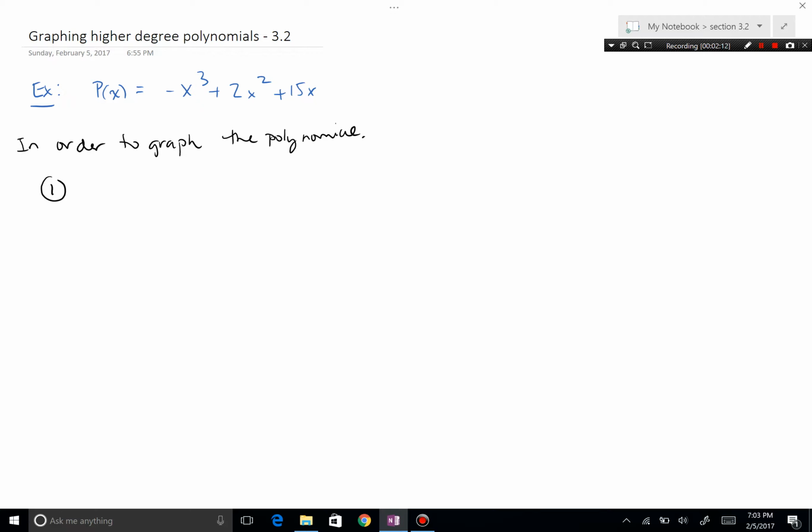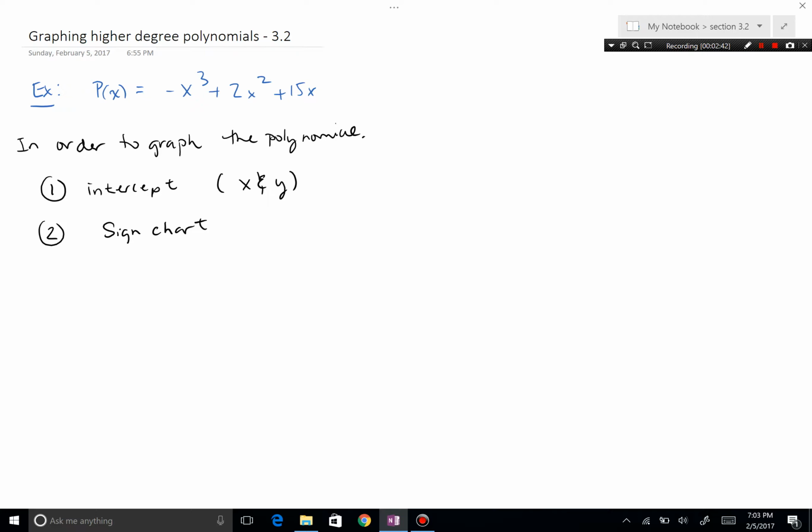One is the intercepts, and we have two different types, your x-intercepts and y-intercepts. And last but not least, we're going to have to make a sign chart. This is not all that complex, but there are some details you're going to have to pay attention to, and a couple bits of terminology that I will introduce as we hit certain topics within the section.